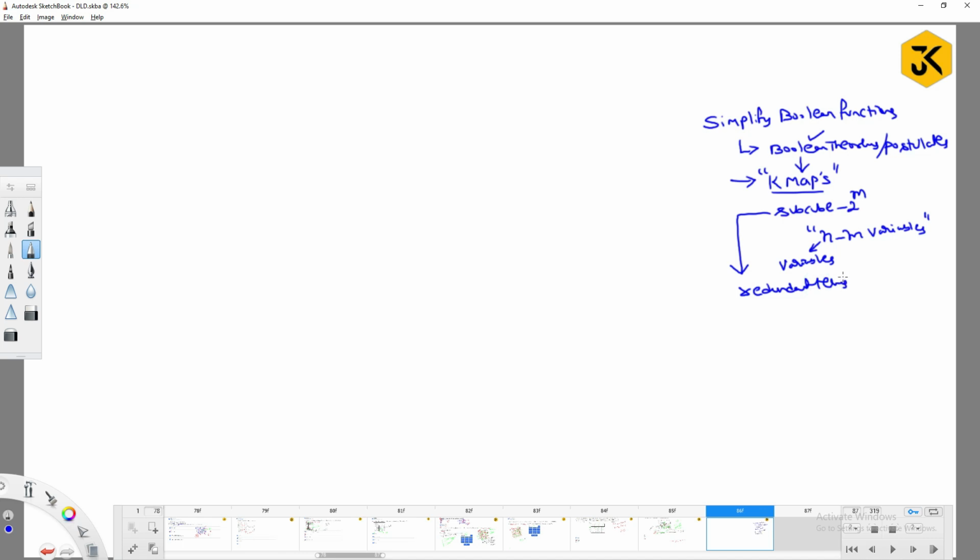So meaning that, for example, if you take a three variable K-map where your min terms will look like this, at this situation you are going to take this as one implicant and this as one implicant, and sometimes you may take this also as one implicant, right? If you are able to clearly observe, this is a kind of redundant term. So you have to follow a certain procedure to avoid this kind of redundant terms, right?